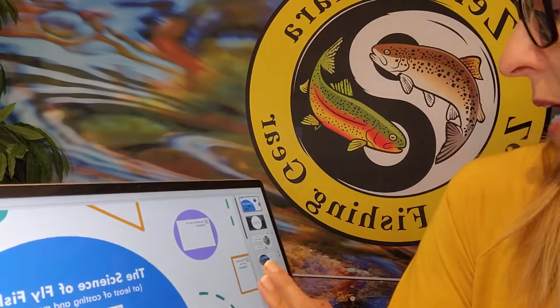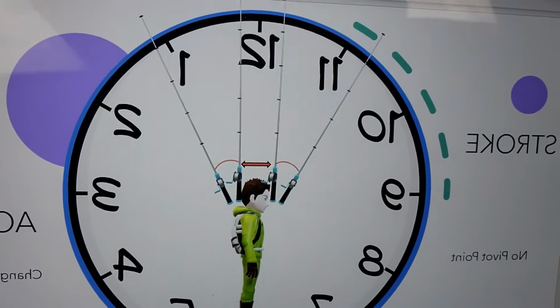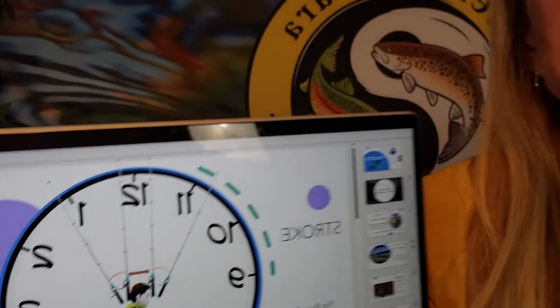I'm simply not in need of as much force. Or I should say, I don't have as much force. So my stroke has to be a little faster, possibly, because I have less mass in order to load that rod, okay?